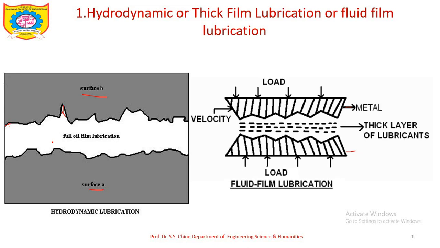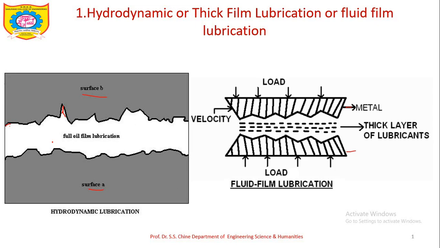So in this fluid film lubrication, the lubricant must have minimum viscosity and it should remain in place and separate the two surfaces. So what is the most important function here?